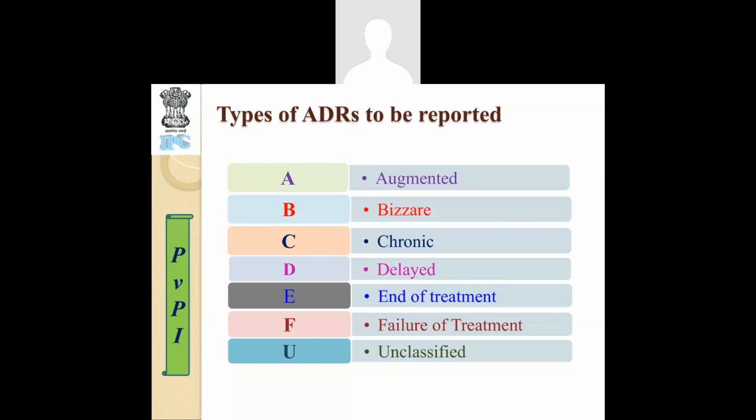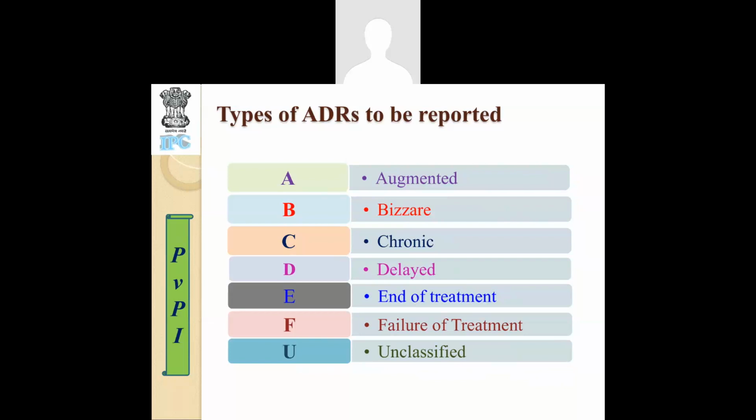And E is end of treatment. This is when you stop a treatment abruptly, especially anti-epileptics. If the patient has epilepsy and you have given anti-epileptic drugs for two or three years, and the patient abruptly stops without tapering the dose, there may be a chance of getting seizures again.